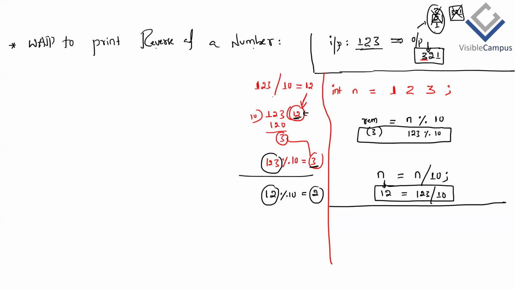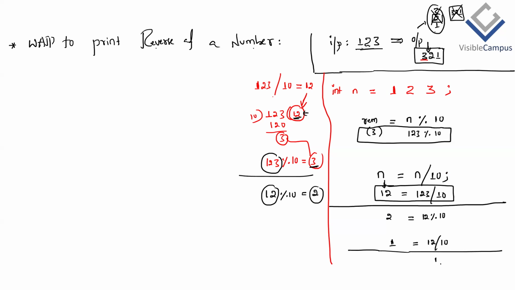What is the latest n value? 12. Then 12 modulo 10 becomes 2, correct? Then 12 by 10 becomes 1 only. This is the next step.